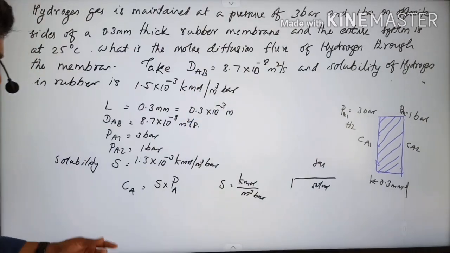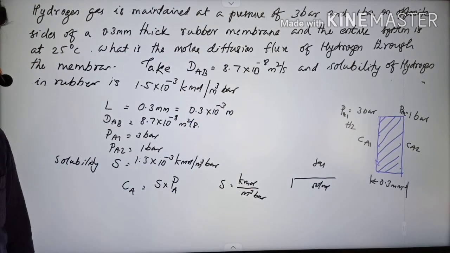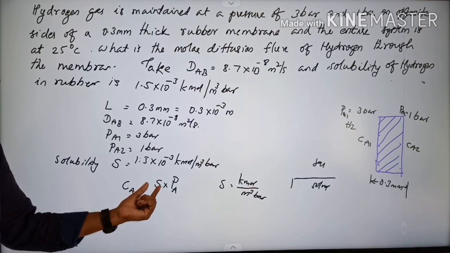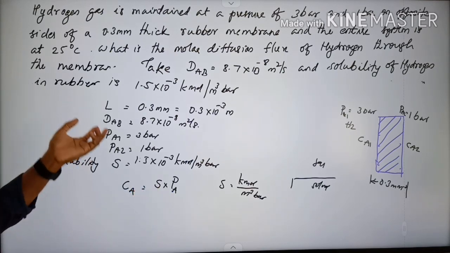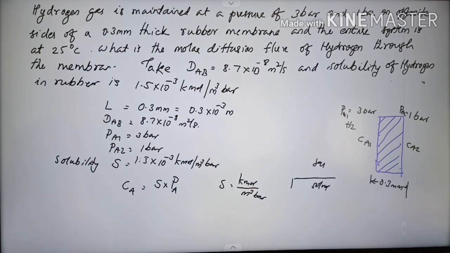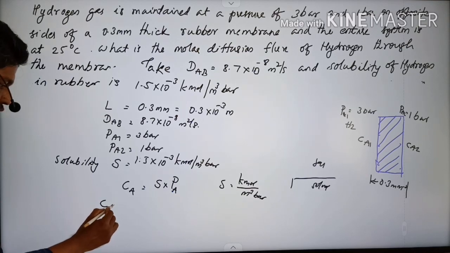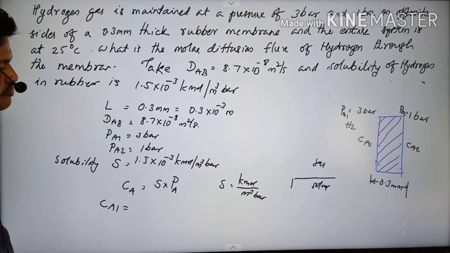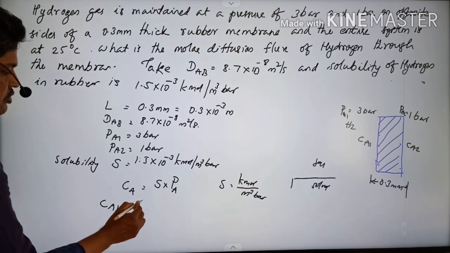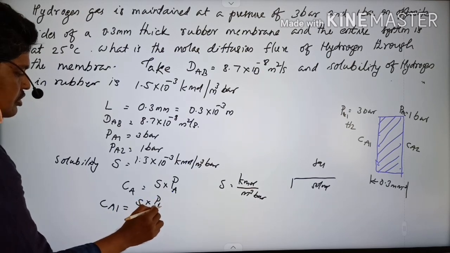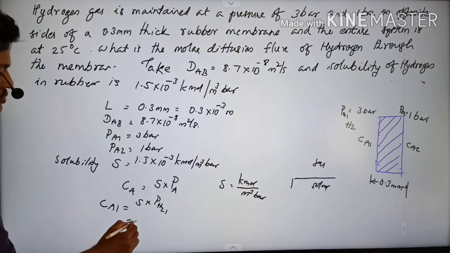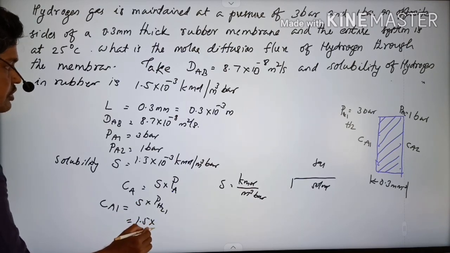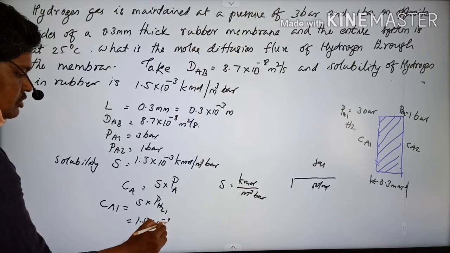So CA1 is equal to S into PA1, and CA2 is equal to S into PA2, where PA1 and PA2 are the partial pressures of hydrogen, that is 3 bar and 1 bar. So you will get CA1 equal to S into PA1, which is 1.5 into 10 raised to minus 3.